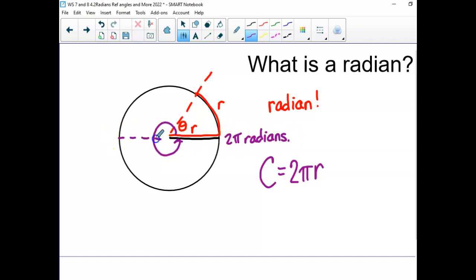So what would it be to go to here? 1 pi, right? We okay? Halfway around the circle would be 1 pi radians. Okay?